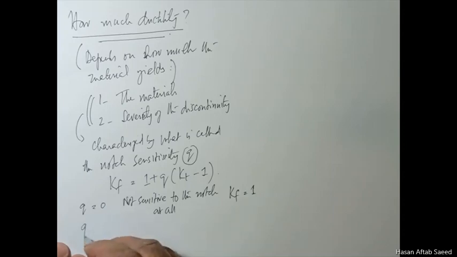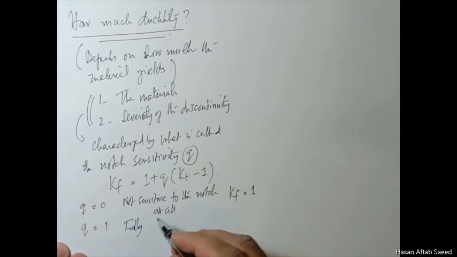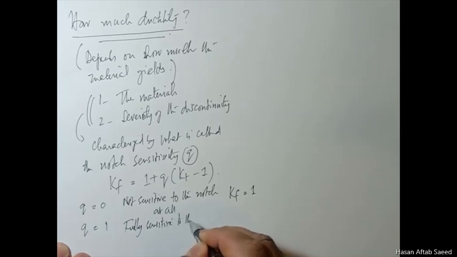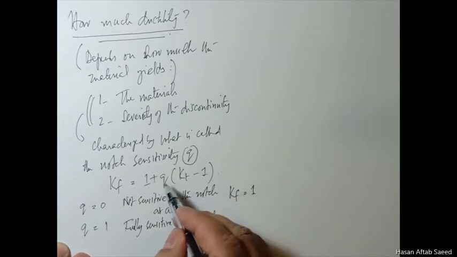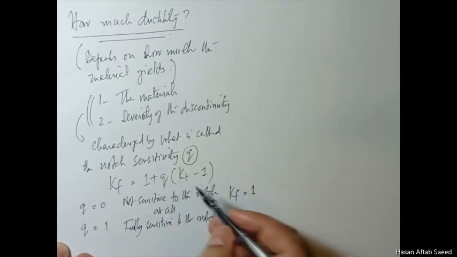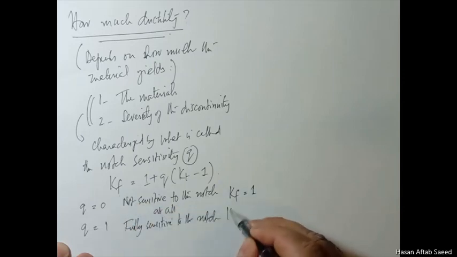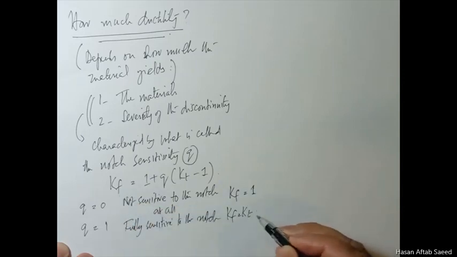What is the other extreme situation? Q is equal to 1. It means the material is fully sensitive to the notch. Now in this case, if you take this Q to be 1, then it's very easy to see that Kf becomes Kt.